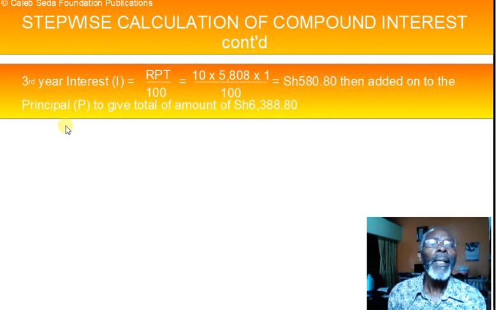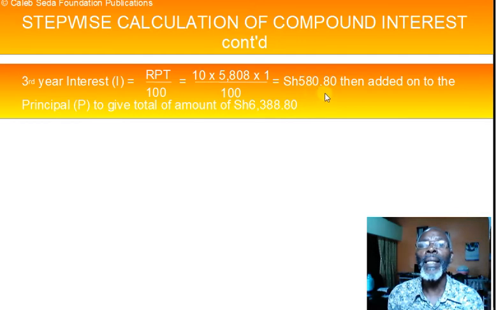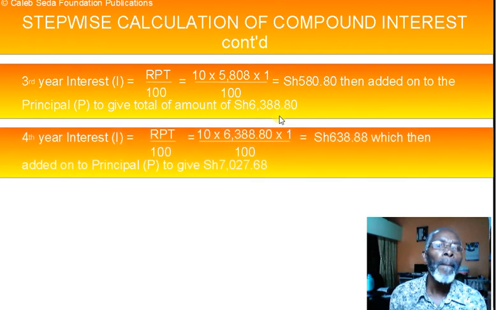At the beginning of the third year, the principal of 5,808 earns interest, which is still given by the formula of rate times principal times time over 100, equal to 10 times 5,808 times 1 year, the third year, over 100, which gives shillings 580 and 80 cents, which again is added on to the principal to raise it to now 6,388 and 80 cents.